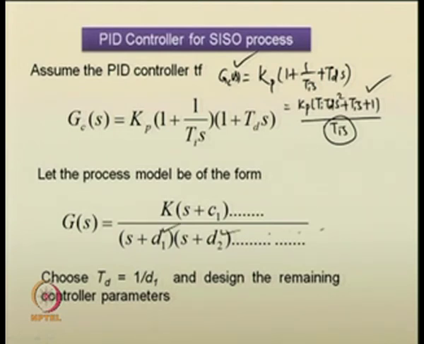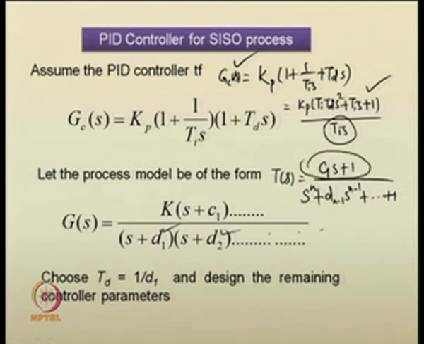The point is that we have standard transfer functions expressed in the form of (C1 s plus 1) upon s to the power n plus d n minus 1 s to the power n minus 1 plus and so on, where the numerator has only one zero. So, how to handle those situations?